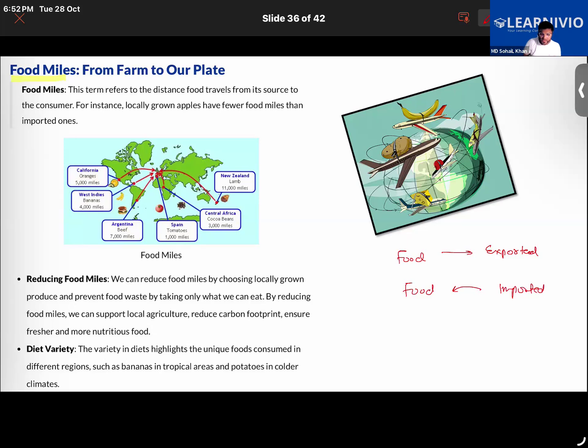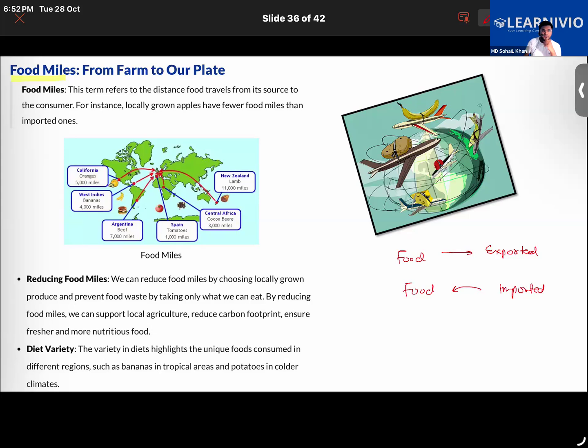Suppose I am producing an excessive amount of wheat. I will export the wheat to other countries, sell it, and earn profit from that.